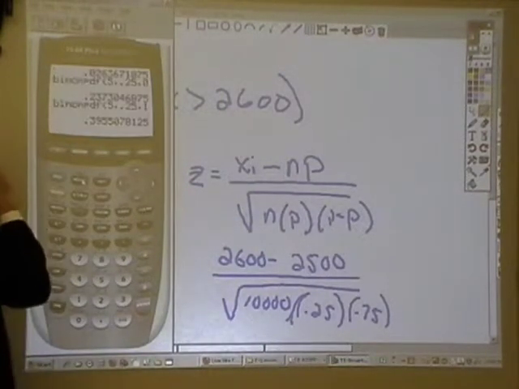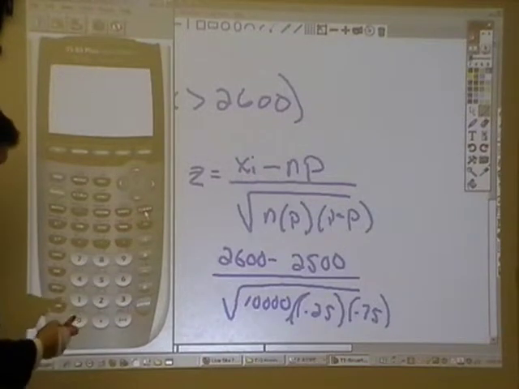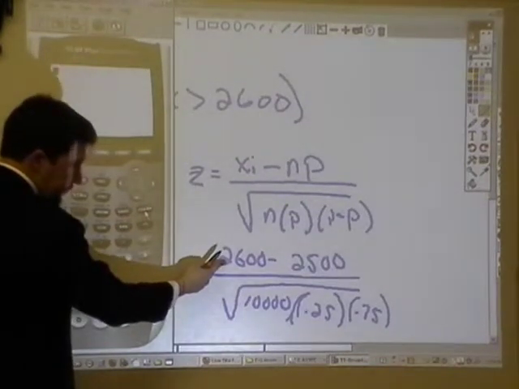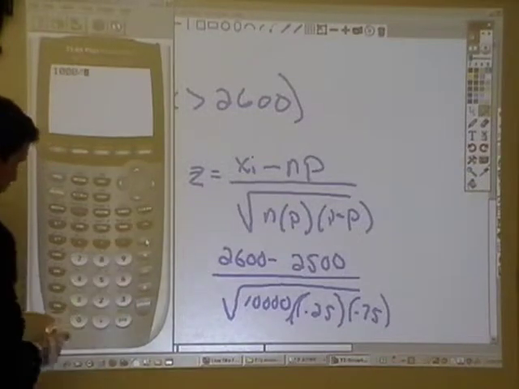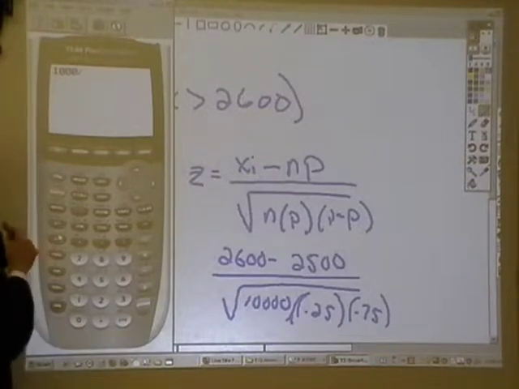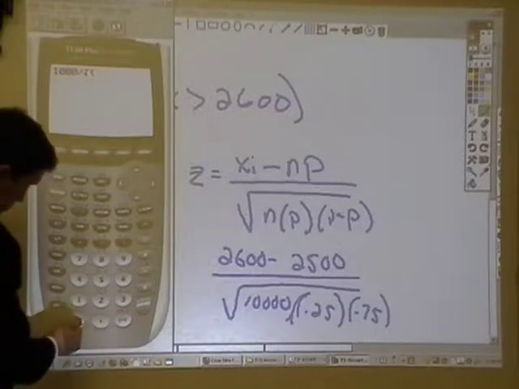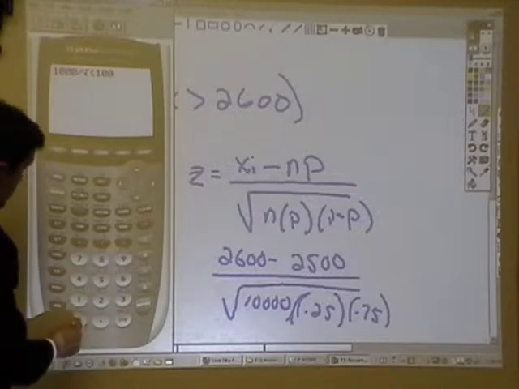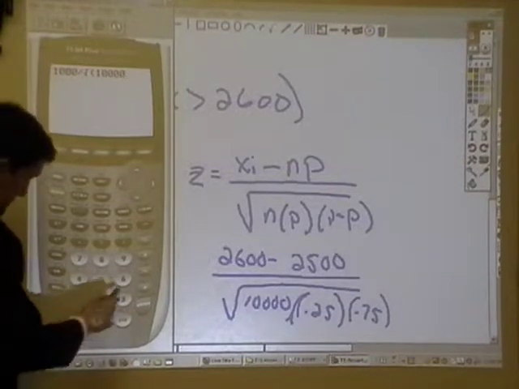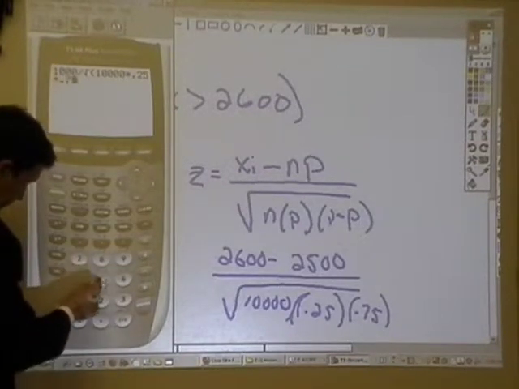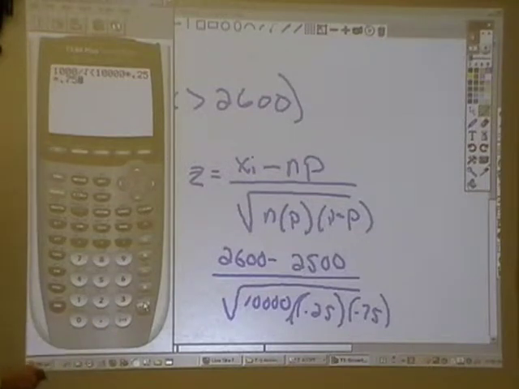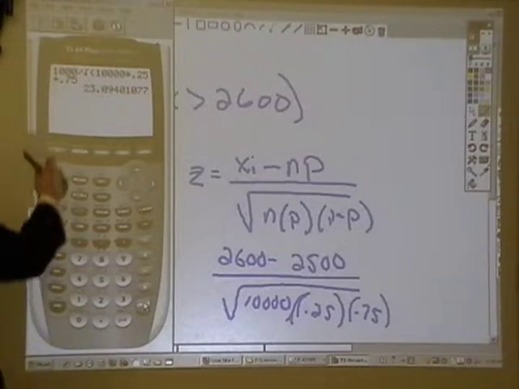Clear. So, the numerator's 100. So I'm going to have 100 divided by the square root of 10,000 times 0.25 times 0.75, and we get a z-score. Nope, that's not right, because I had 1,000 here.